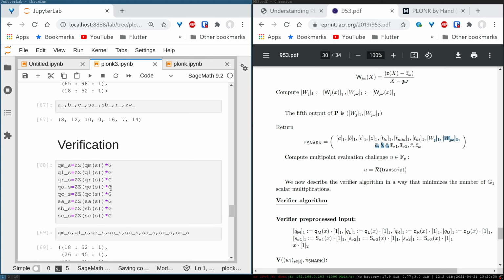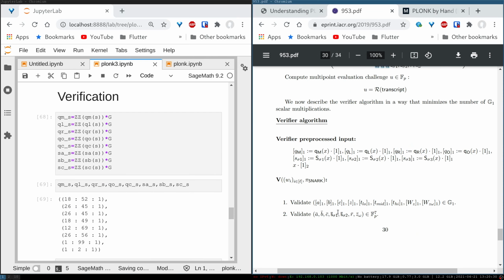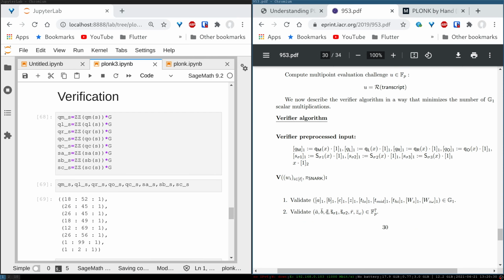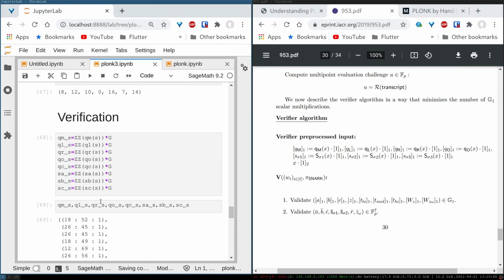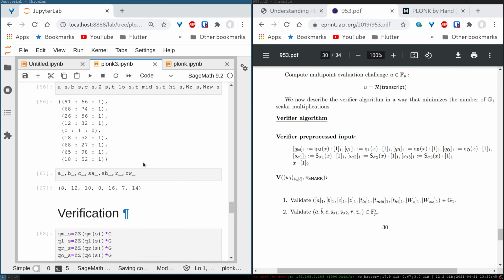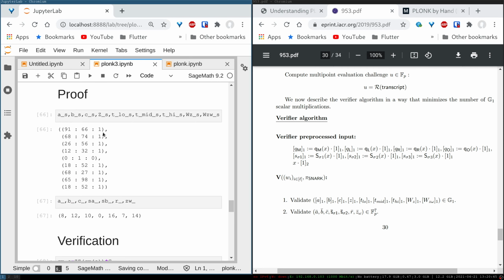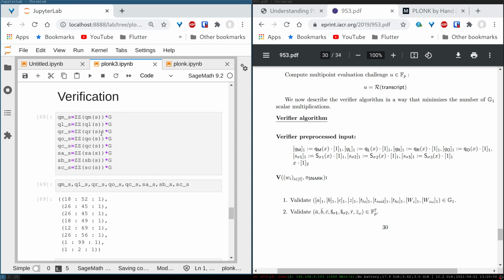Now for verification. First part of verification is to check that all these points that were given, these guys here, are actually points on the curve. So we didn't do that, but you can check that. It's easy to check by checking that y squared is equal to x cubed plus 3.